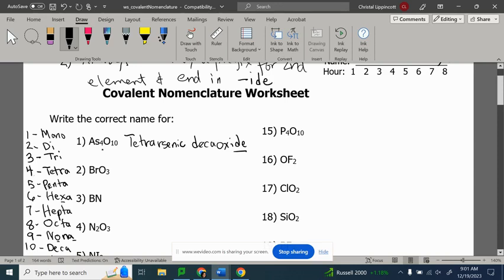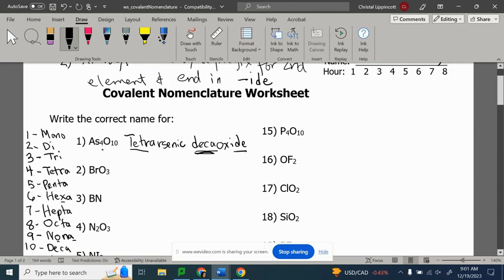What I'm looking for is, did you use a prefix if there's more than one? Did you keep this name as normal as possible? Do you always have a prefix on the second element and end it in "ide"? So that's what I'm looking for.